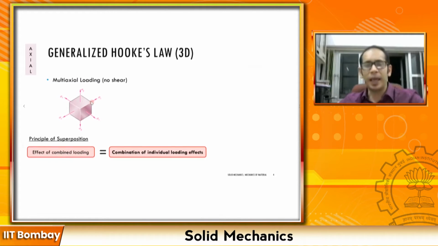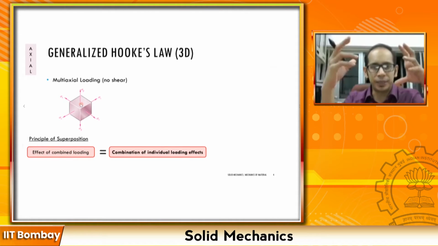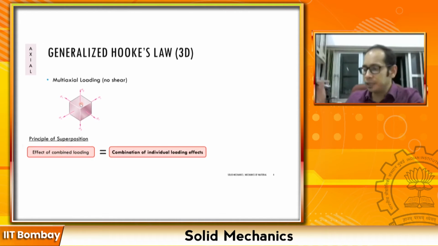When I have a structure like this, or a small cube that I've extracted from a structure, the question is what are going to be my different strains? I have these stresses over here in terms of the sigmas. So what are going to be my epsilon x, epsilon y and epsilon z? And for this we are going to use the very famous principle of superposition.